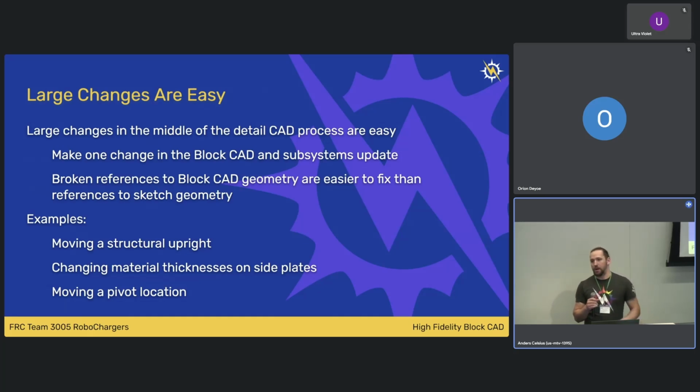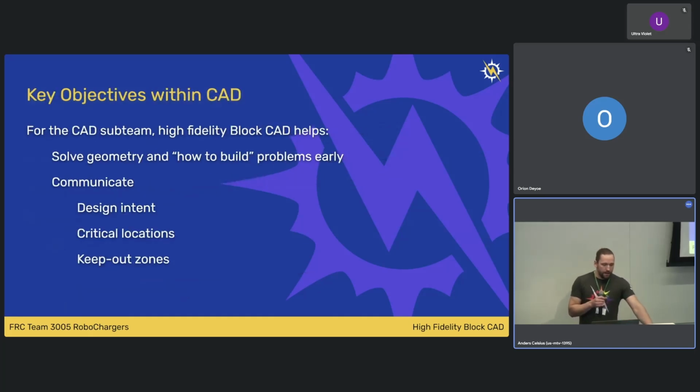If I move an arm center position or something like that, that will just update across all of my subsystems relatively easily. I've got a couple of examples there of things that you might change on your robot. These types of big structural changes are very common in a really detailed mechanical design, and being able to make those changes without breaking is a huge advantage.